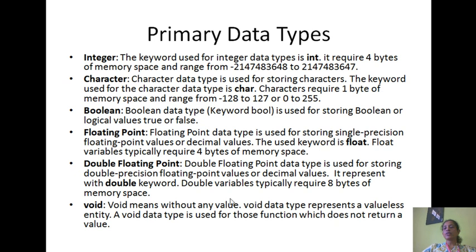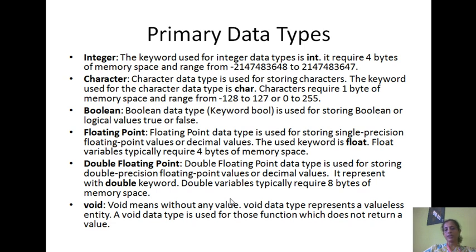Next is the floating point type variable. A floating point type variable is allowed to store a numerical value with a precision point. That is considered a floating point value, or in mathematics we can say a real number.